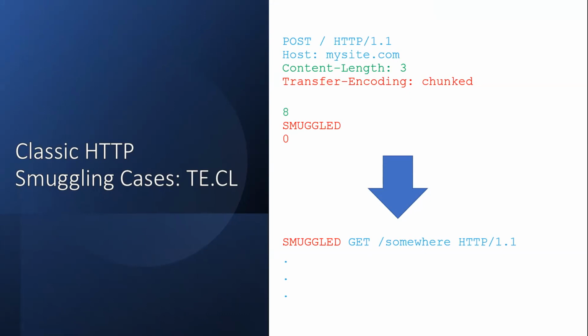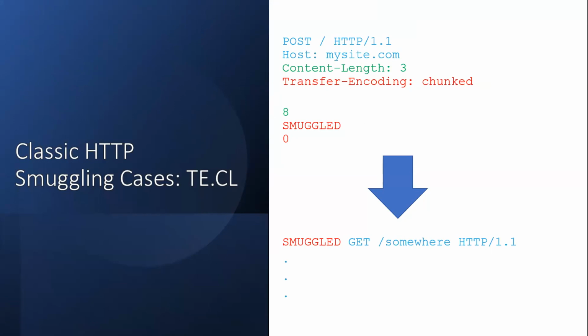This is the end of the request. Whatever comes after that, not me. But if you look at this as transfer encoding, you say, okay, here's a chunk of 8 bytes, smuggled, 8 bytes, and 0. So the actual request is the whole 8 smuggled 0. So if you look at content length, it ends at 8. If you look at transfer encoding, that's the whole request.